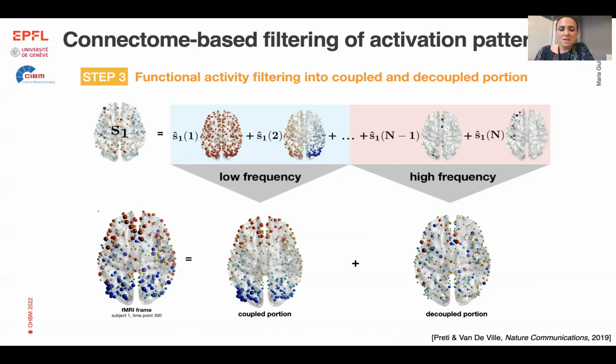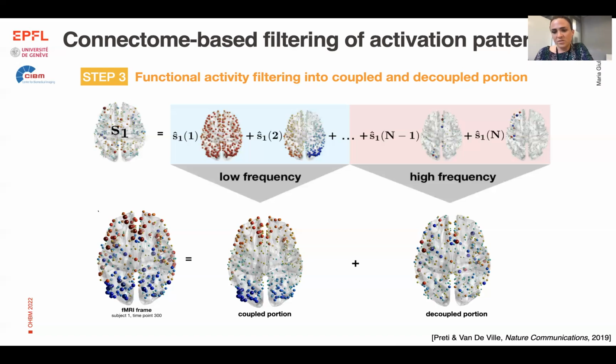The coupled portion really reflects the structural axes, and you see here clearly a posterior to anterior gradient, while the decoupled portion includes the signal that rides on top of it, that is not justifiable, or not justifiable 100%, with the underlying structural architecture.